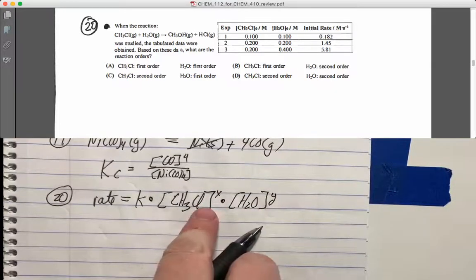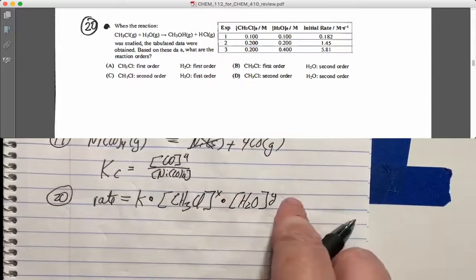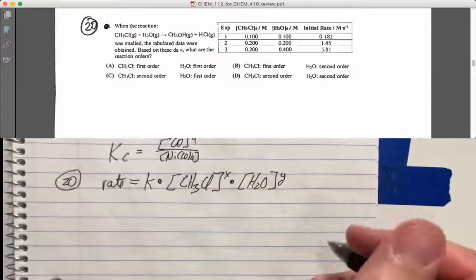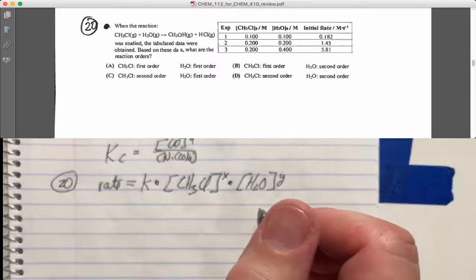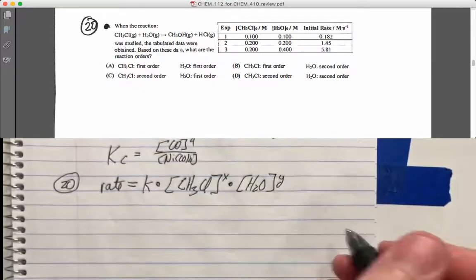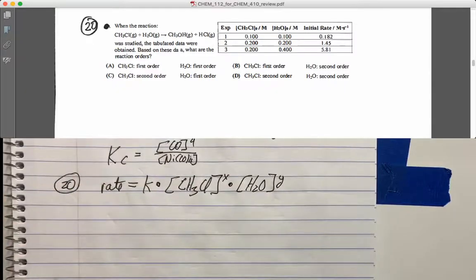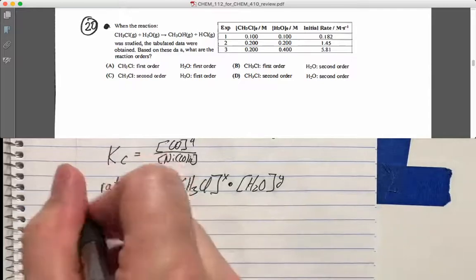So CH3Cl to the x, H2O to the y. We're going to try to figure out the values of x and y. I'm going to take experiment 3 and 2, and I always like to take the faster rate and divide by the smaller rate because I get whole numbers and not some weird fraction.